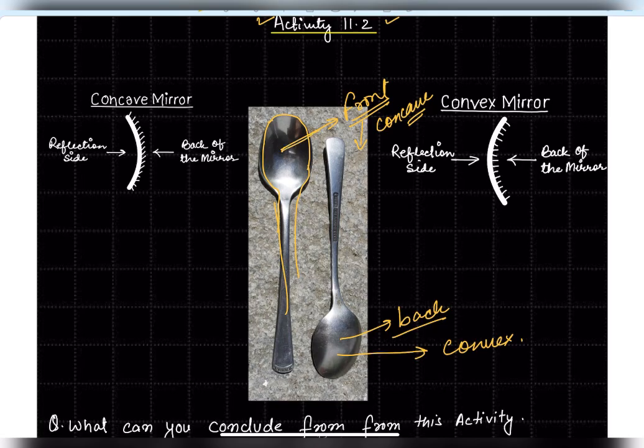Take the front part of the spoon, look into it, and then take the back part of the spoon and look into it, and conclude what you can from there.